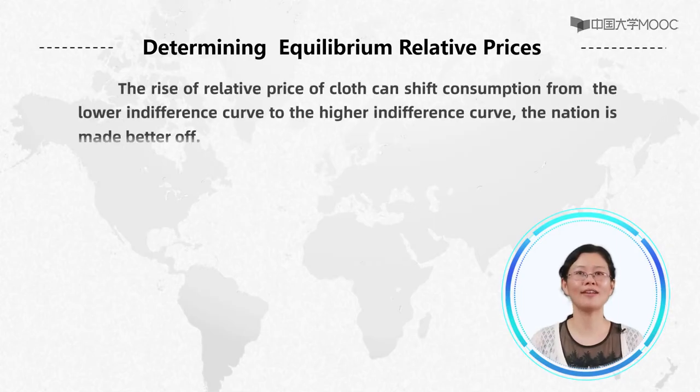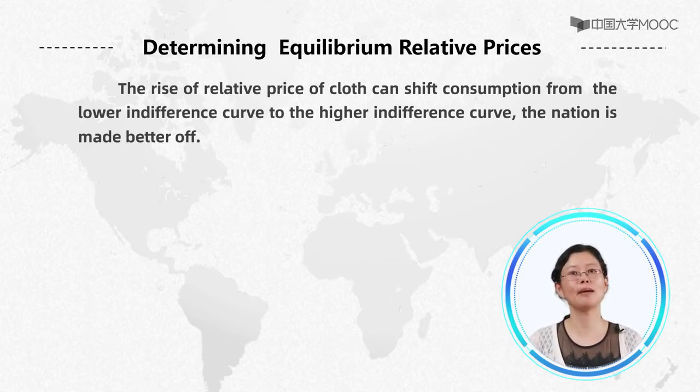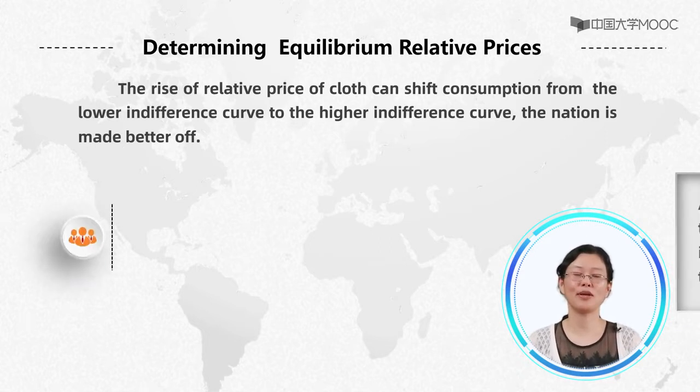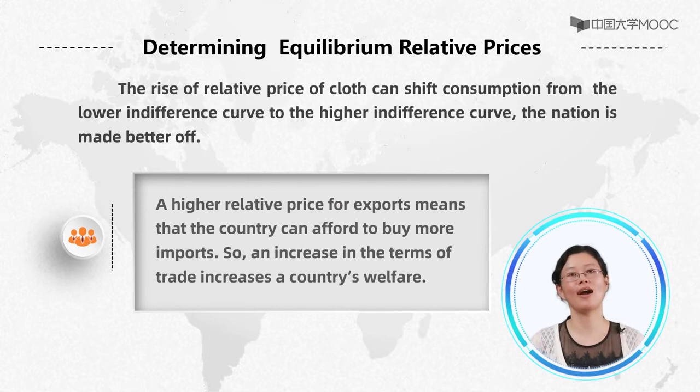According to our analysis before, the rise of the relative price of clothes can shift consumption from the lower indifference curve to the higher indifference curve. The nation is made better off. Why? Because a higher relative price for exports means that the country can afford to buy more imports.